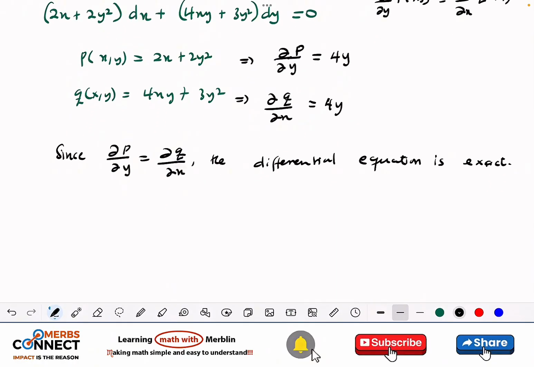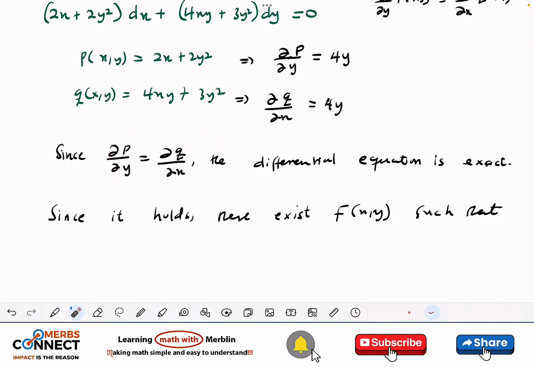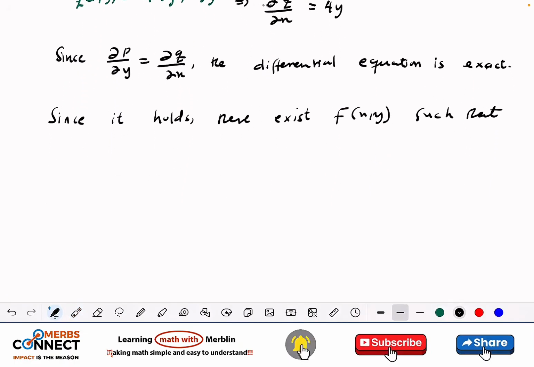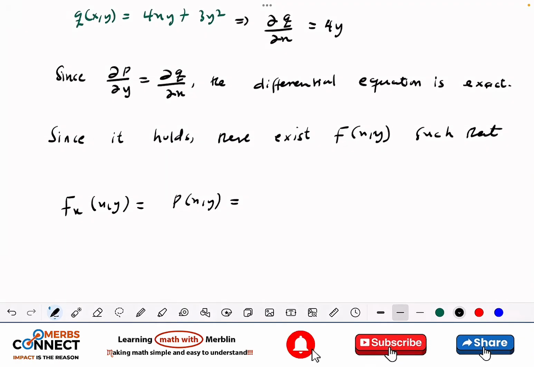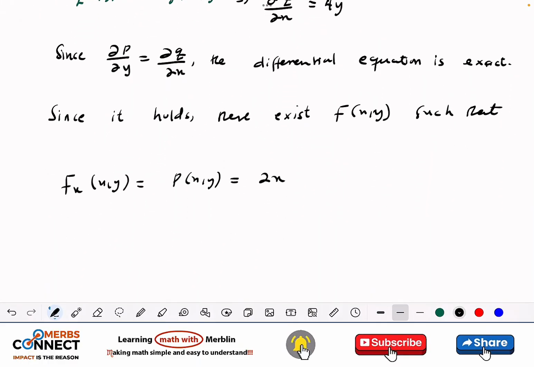So since this is exact, one thing we need to know here is that there exists a function, let me make it a big F of xy, such that when I differentiate this function with respect to x, I'm going to have P of xy, and P of xy was 2x plus 2y squared.